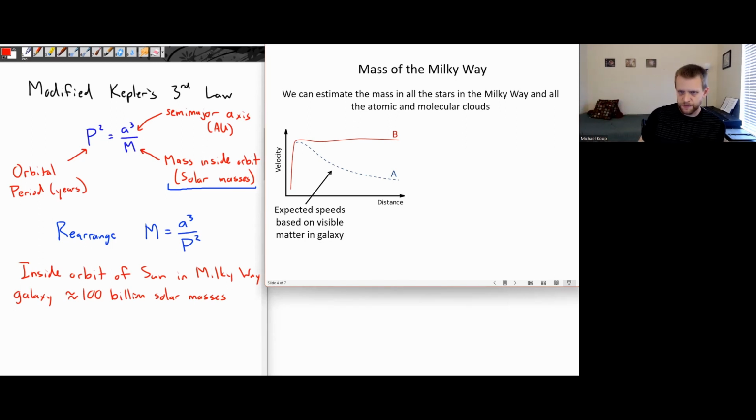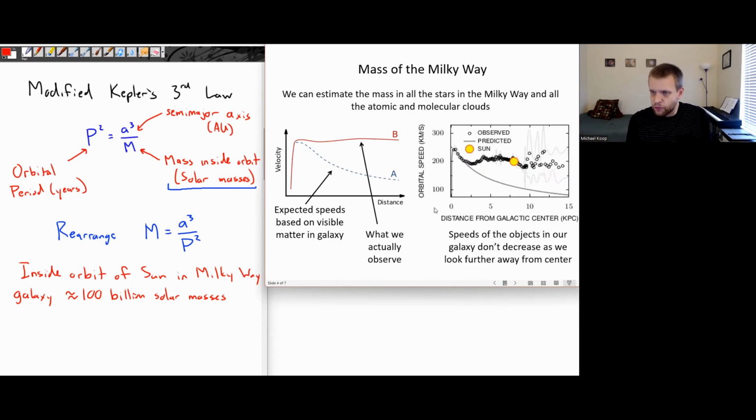What we actually get is something that looks more like case B, that the orbital speeds stay much, much higher than we would expect based on just the visible matter that we see in our galaxy.